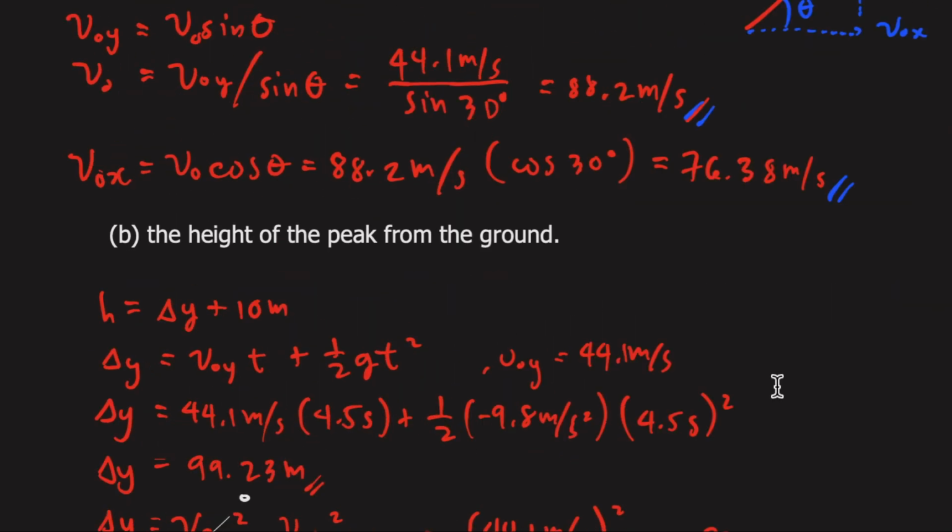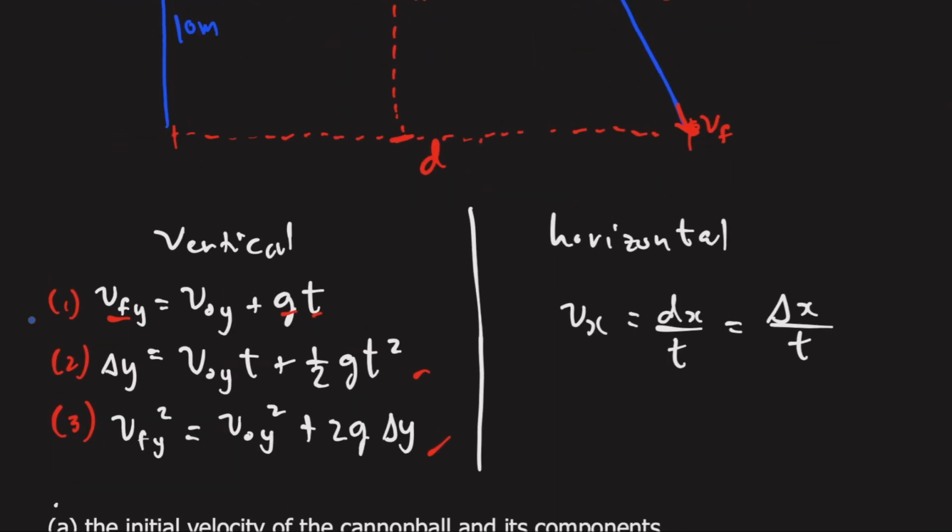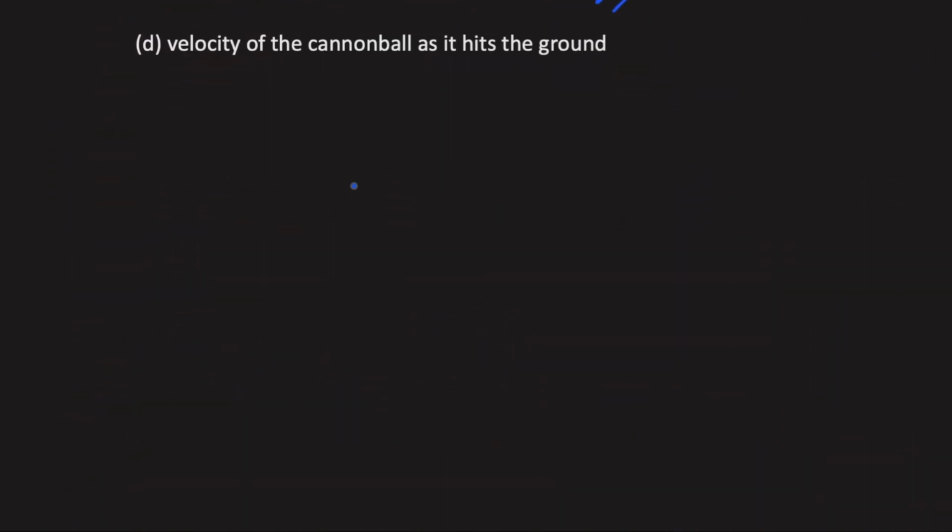To get the final velocity, we can use the first equation or the second equation. We already have v naught y, the initial velocity, plus the time and g. So maybe it's better if we use equation 1. So vfy is equal to v naught y plus gt.